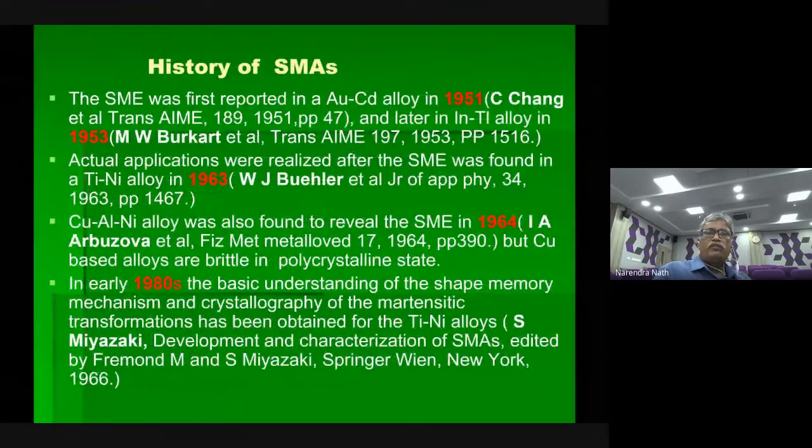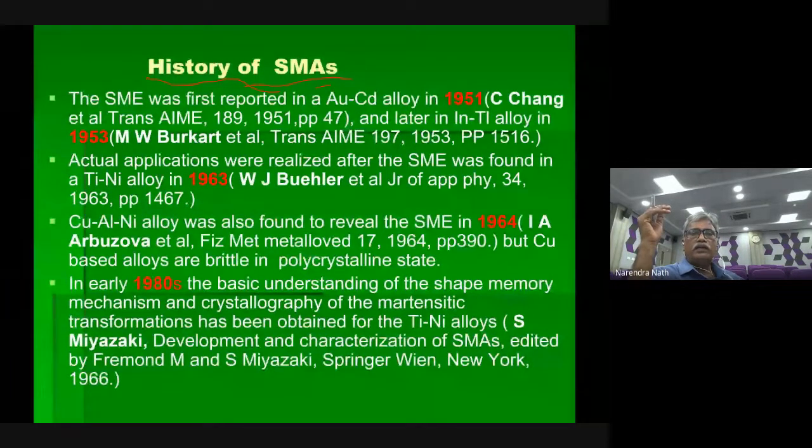A little bit of history of shape memory alloys. For any topic you want to do research on, or want to learn more about, you should refer back to the history: what exactly the history says, when it started, how it started.